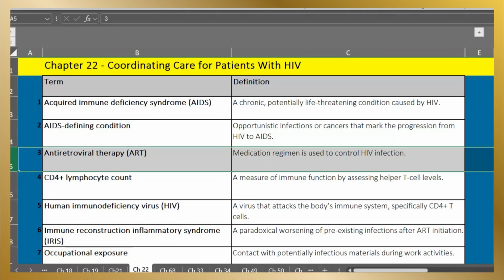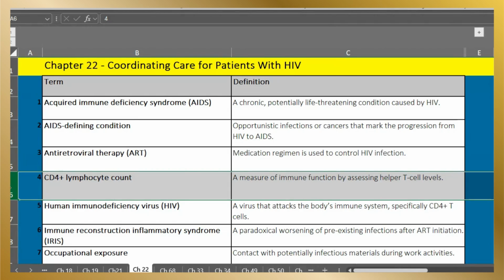Adherence is critical for treatment success. CD4 plus leukocyte count is a measure of immune function by assessing helper T cell levels. The normal range is between 500 and 1500 cells per cubic millimeter. A count less than 200 indicates AIDS, and it is used to monitor immune recovery on ART.